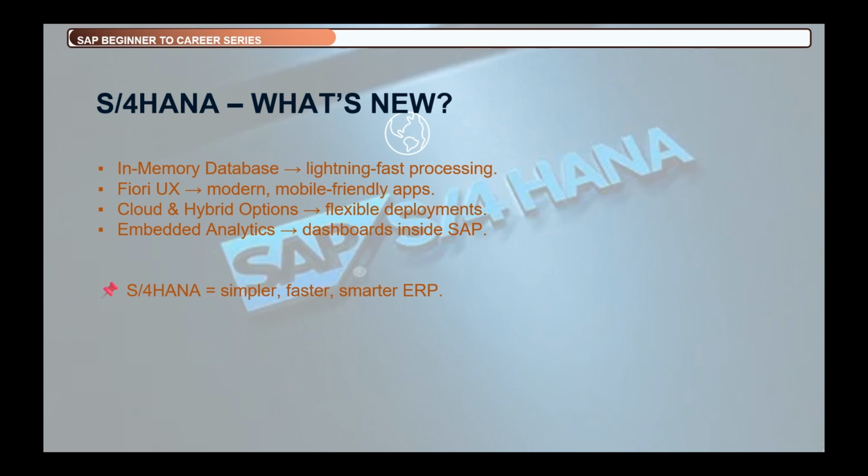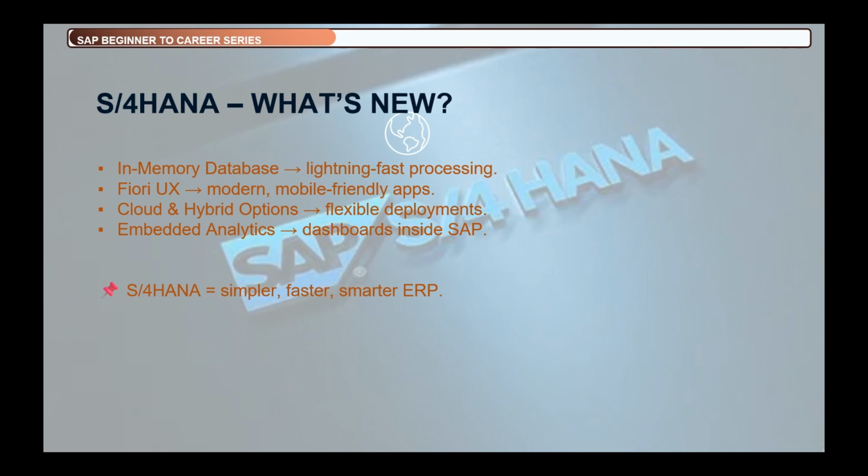And after S4HANA, it has provided the capability to host in cloud and hybrid options. So deployment is flexible. You can run S4HANA on premise, in the cloud, as well as hybrid. So those are the deployment options. And embedded analytics dashboards inside SAP.